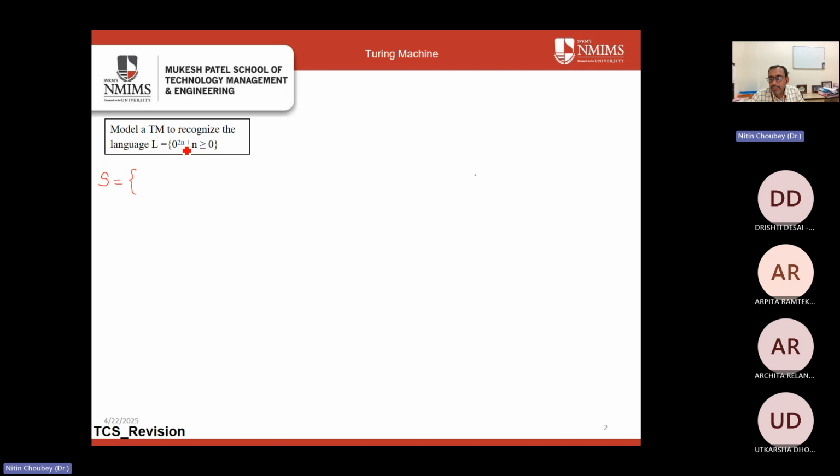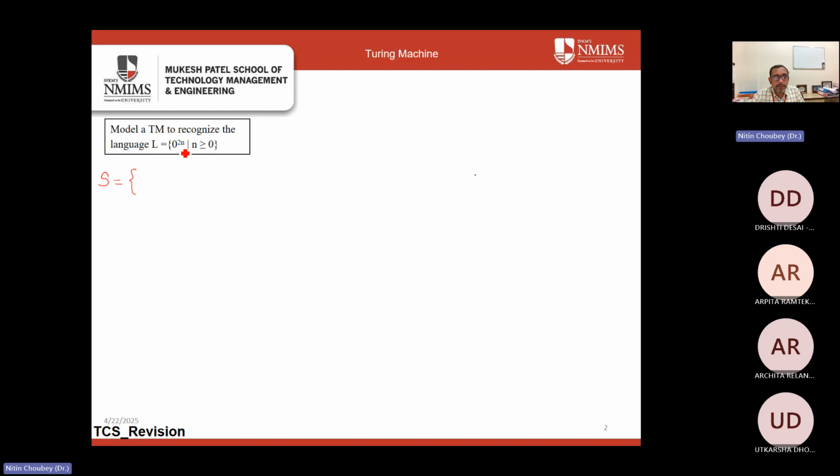Now 0 here is represented in terms of a unary number, wherein the number of zeros would be a multiple of 2, with n greater than or equal to 0.